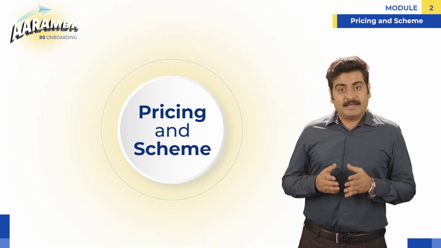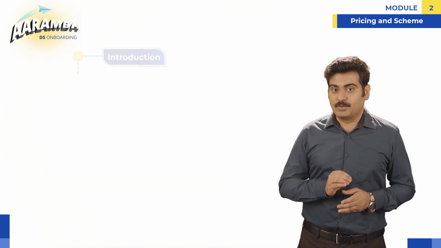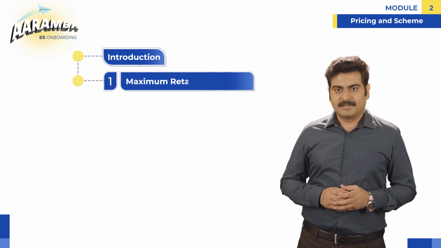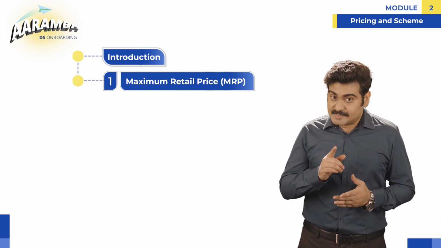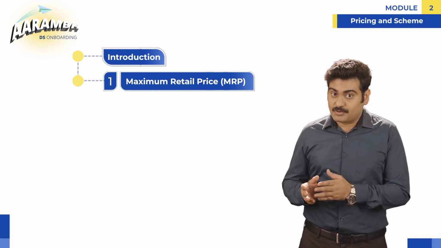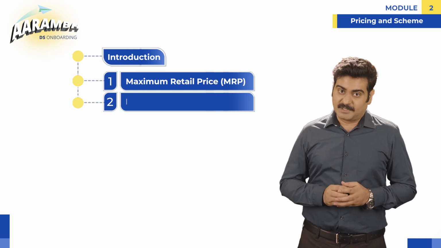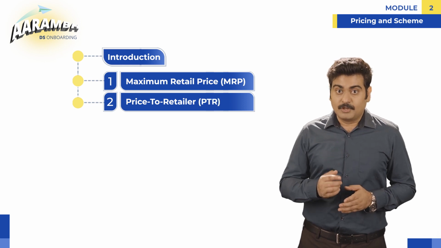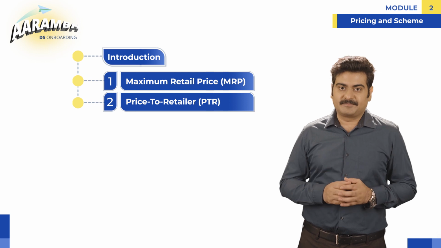In this training video, we will understand these main 6 things in detail. First, MRP means maximum retail price, the price at which the customer buys the product. The second is PTR, which means price to retailer. It is that price at which the shopkeeper buys the product to sell.